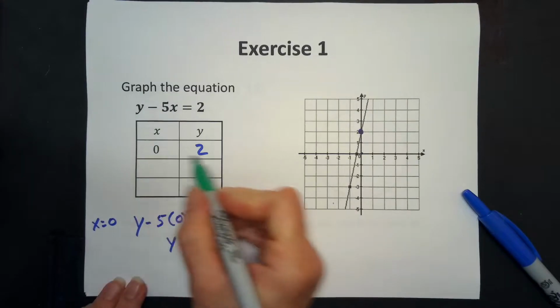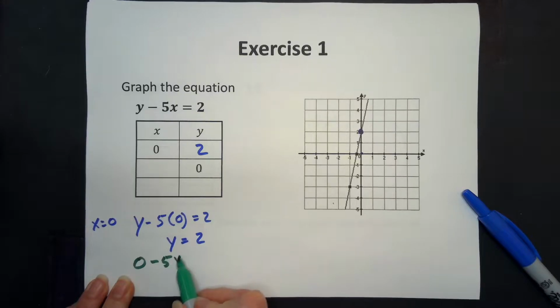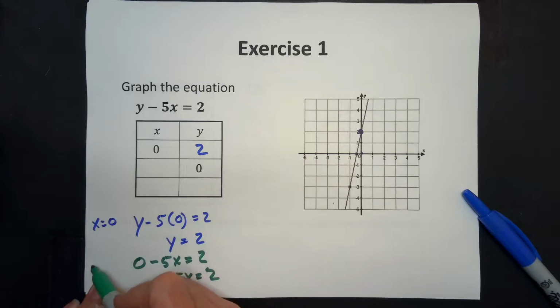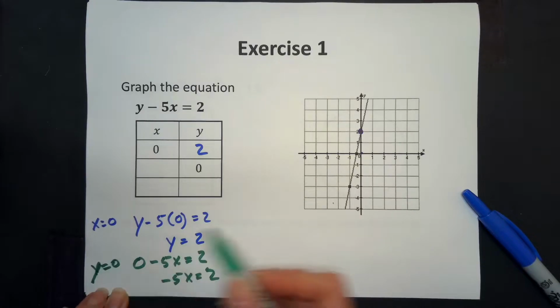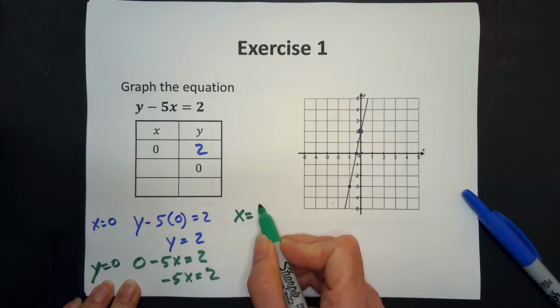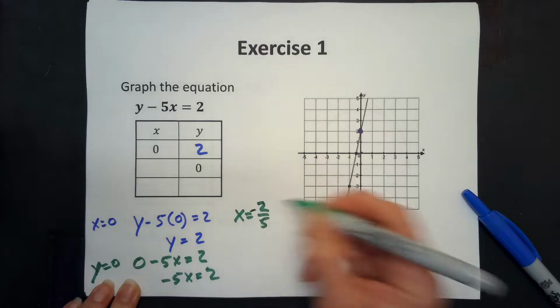The next one asks us to plug in 0 for y. That would give us 0 for y, minus 5 times x equals 2, so that's negative 5x equals 2. When it said plug in 0 for y, we're going to get x equals 2 over 5, and that's a negative 5, so it makes the whole thing negative.